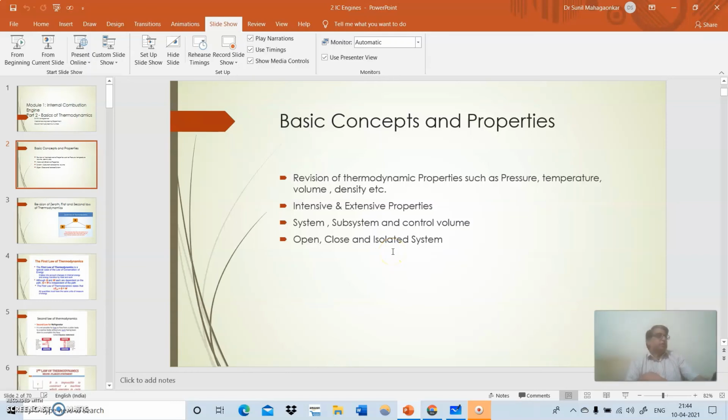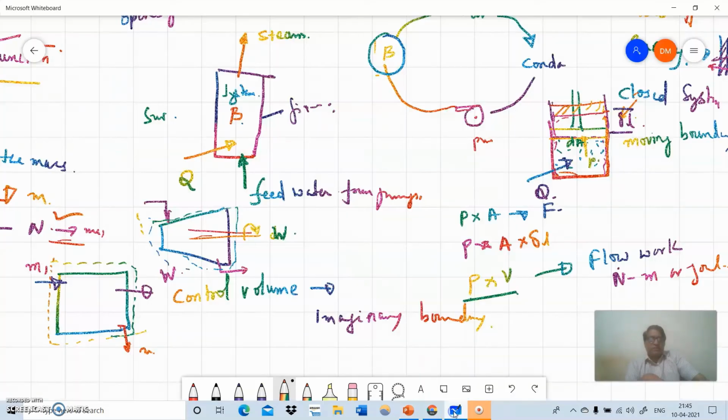Isolated means there is no change of mass or energy. So no energy as well as mass is transferred across its boundary. That is completely isolated. Or any system with a subsystem is known as an isolated system.